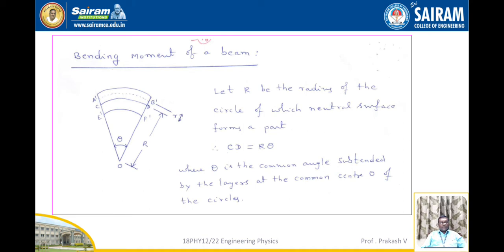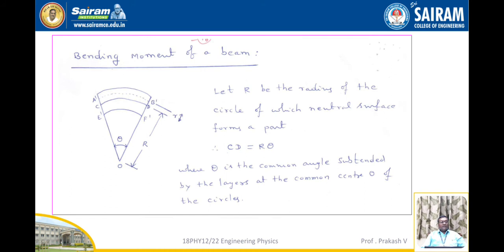The beam is bent because of applying load, and the layer such as AB gets elongated to A dash B dash, and the layer such as EF gets contracted to E dash F dash, and the middle layer CD will not undergo any deformation. Let theta be the common angle subtended by the layers at the common center O of the circles.